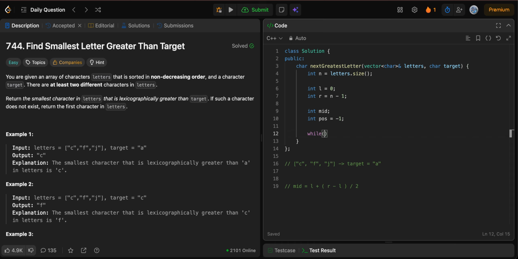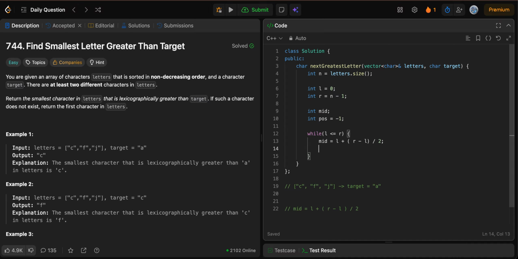Then while l is less than or equal to r, find the mid: mid is equal to l plus (r minus l) divided by 2, right?